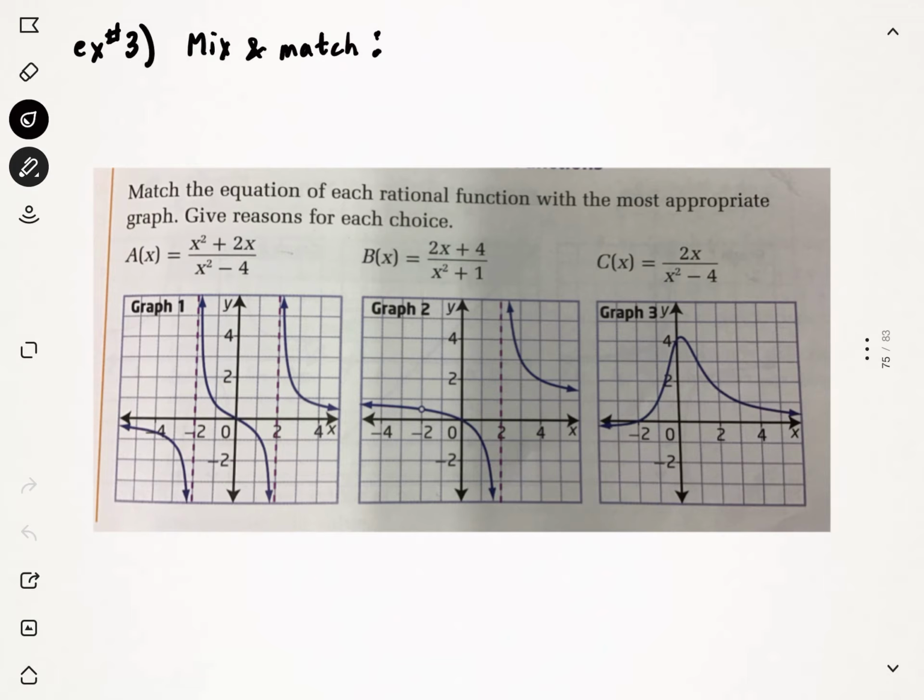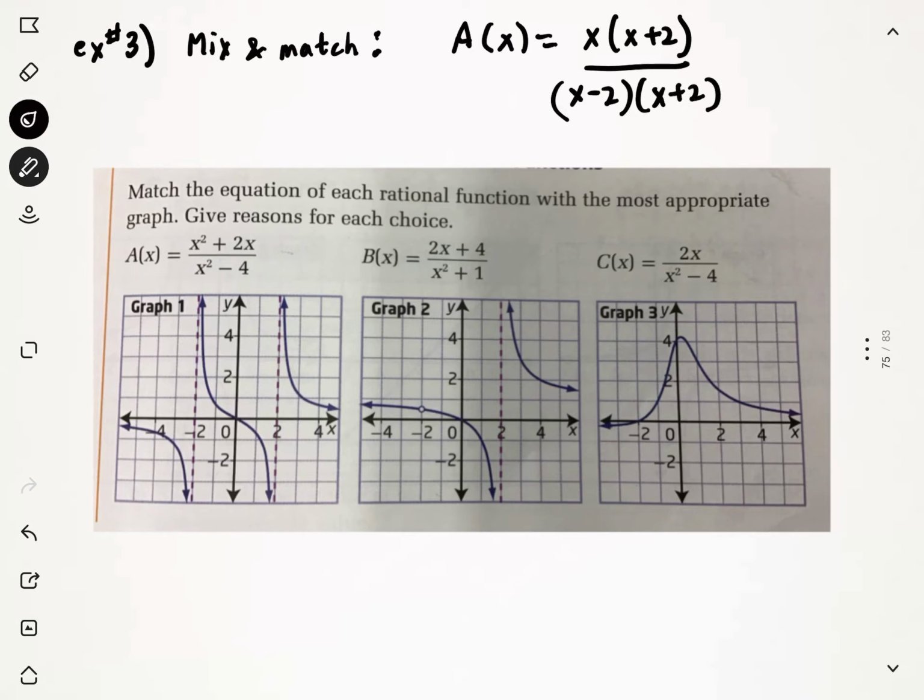Remember, what we've done with these is we would start off by doing some factoring and canceling. So I could take function a and start factoring. I can remove a common factor of x on top, and on the denominator we have a difference of squares. Much like the previous example, we have one factor that cancels and one factor that does not.